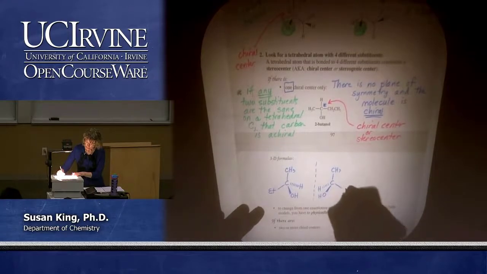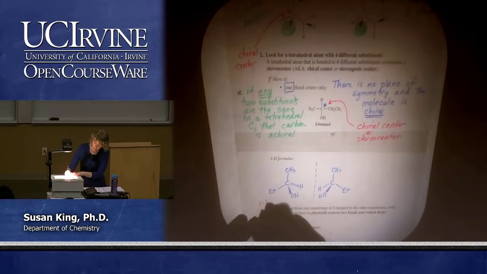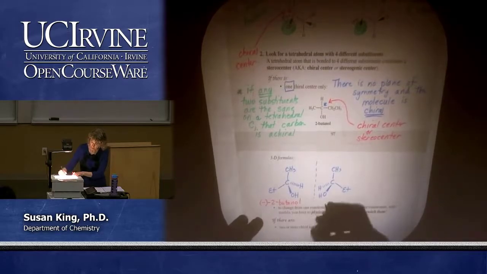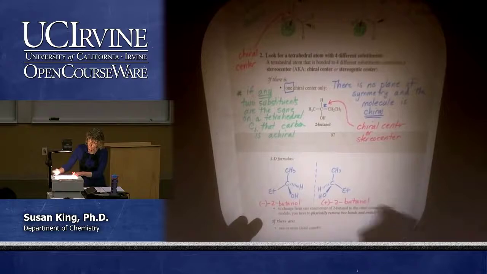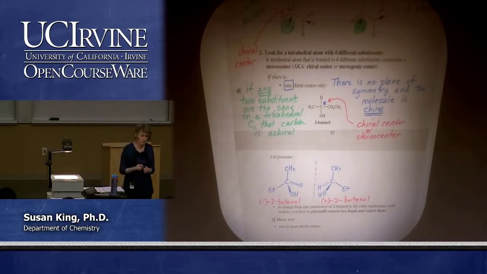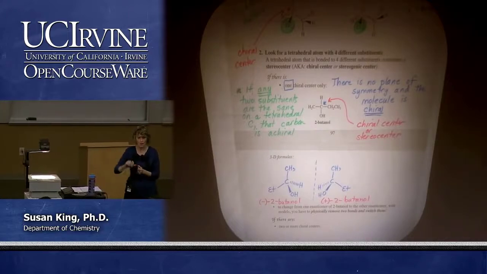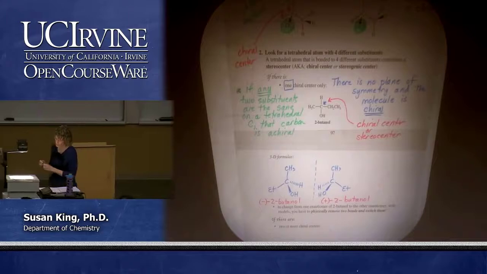This would be the other enantiomer of 2-butanol. This one on the left is minus 2-butanol. We'll talk about what that minus means coming up in just a few minutes. Minus 2-butanol, this is plus 2-butanol. To change from one enantiomer of 2-butanol to the other, you actually have to physically remove 2 bonds from your model and switch them. Okay, so that's the difference there.